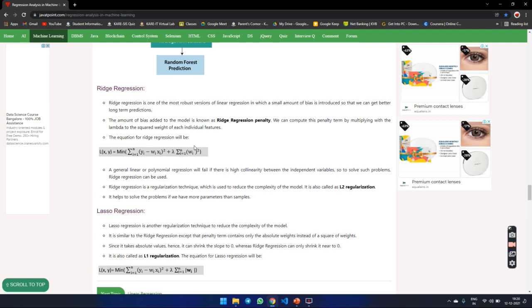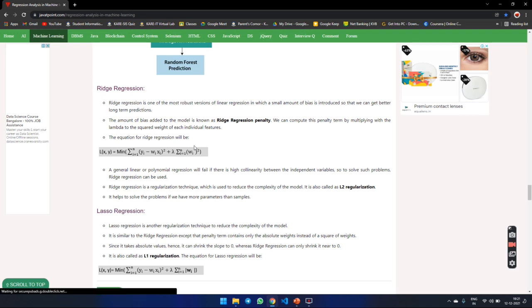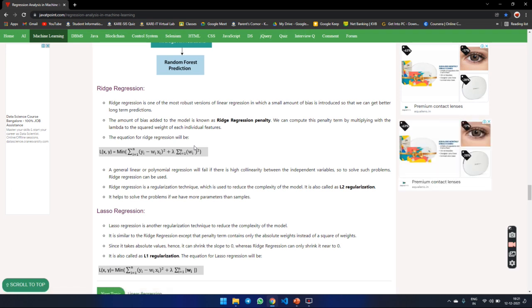We can compute the penalty term by multiplying lambda with the squared weight of each individual feature. The equation of ridge regression is L of x comma y equals minimum of the sum from i equals 1 to n of (y of i minus w of i x of i) whole square plus lambda times the sum from i equals 1 to n of w of i square.